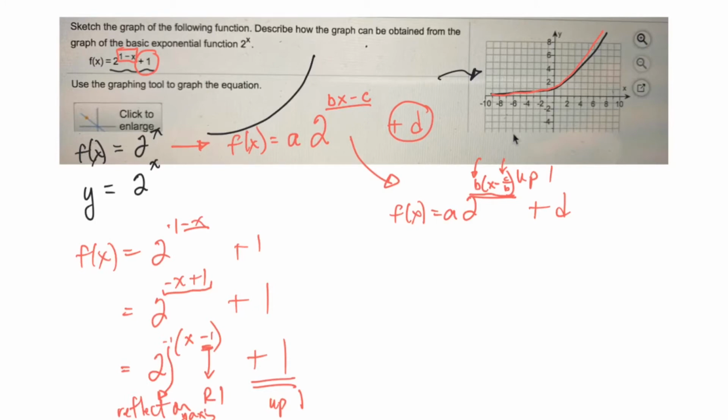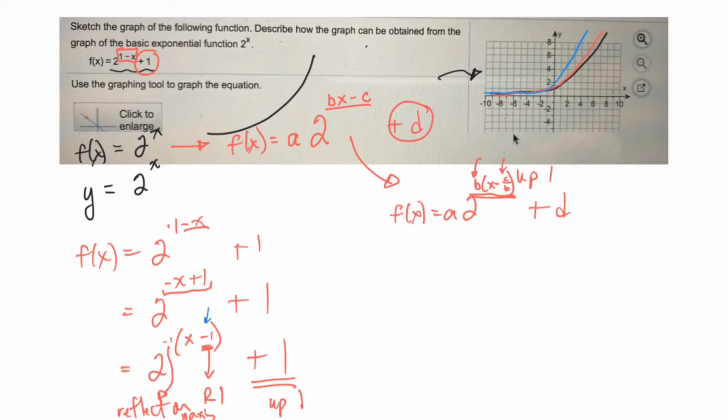Let's do that in blue. So the normal graph is like the one that I have in red. This one needs to change over the x. Let's see, let's do this one first. Go right by 1. So right by 1 might look like this.